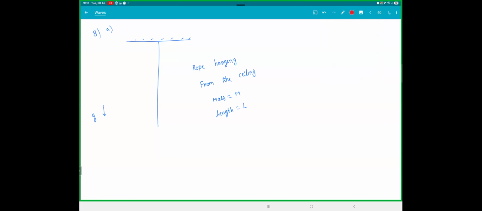What you did, you generated a pulse at the bottom. Find the time taken for this pulse. So the pulse is going up. Find the time taken for the pulse to reach the ceiling. This is a standard mains question. Direct result.